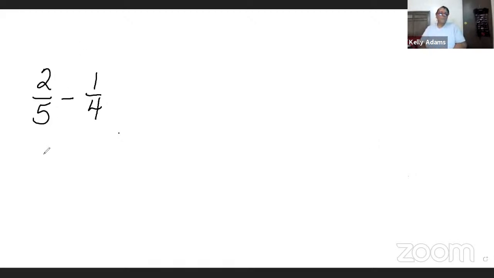Remember, people, you are looking for the least common multiple. You're going to use the 5 and the 4, and you're going to skip count.